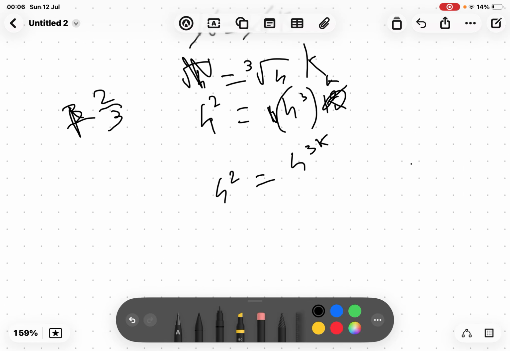And since these are both the same base number 4, we know that these powers have to equal each other as well, okay? So the equation just becomes 2 is equal to 3k. Now if I want to solve that equation to find k, I need to divide everything by 3, so k is equal to 2/3. Well, yeah, maths is crazy.